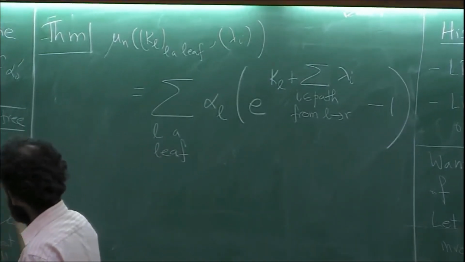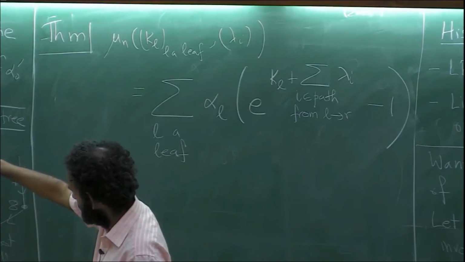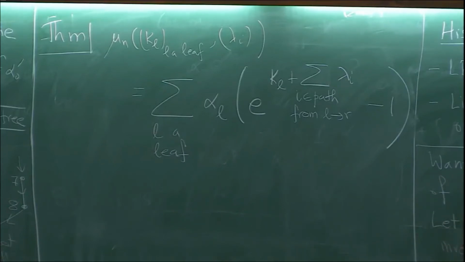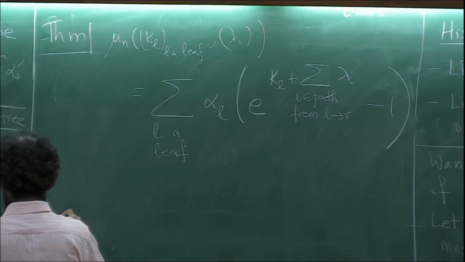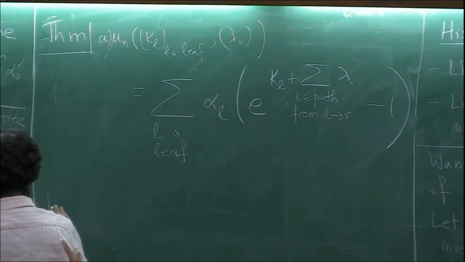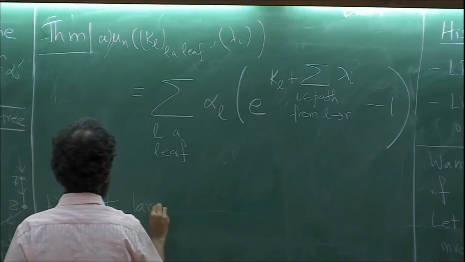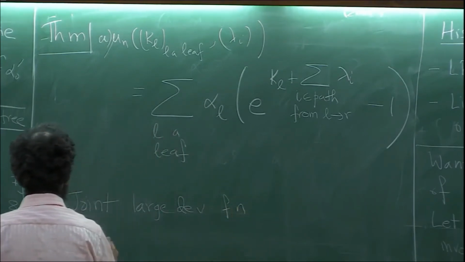Okay, so it's kind of the same story as we had for a single path. Each of these paths sort of works independently, and that gives you this generating function. The joint large deviation function is again given in the same way.